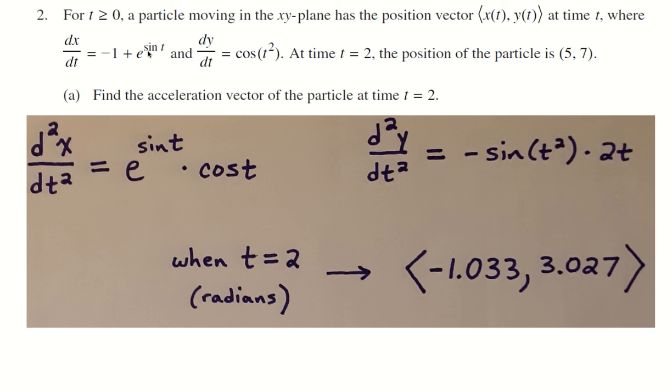If I integrate that, I'm going to have a plus c, but then I can use the fact that at time equals 2, our position for x was 5. So it's kind of like having an initial condition. I had that written down to set up integrating -1 plus e to the sine t.